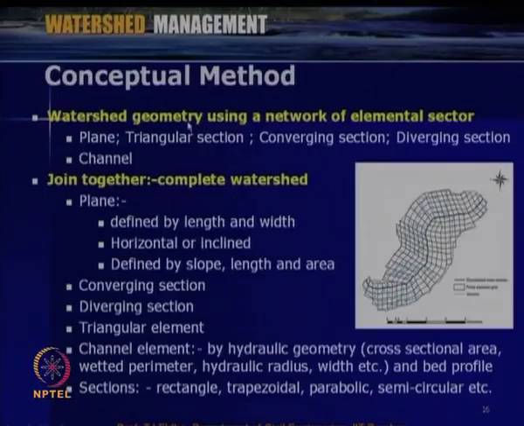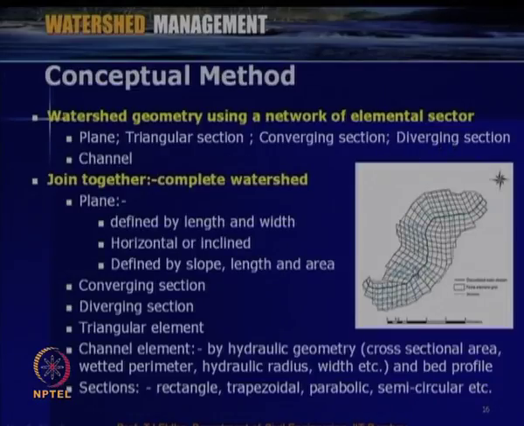Now, the next one is the conceptual methods. In the conceptual methods, watershed geometry is defined using a network of various elemental sectors like a plane, triangular section, converging section, diverging section and, of course, the channel.